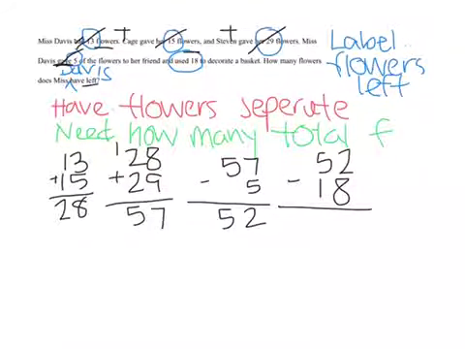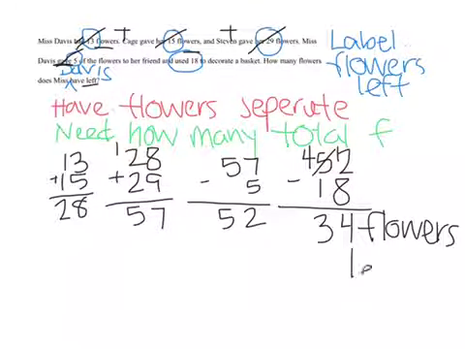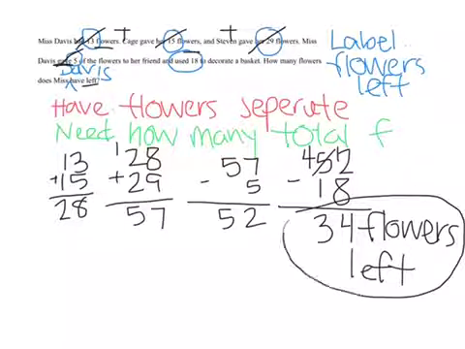I can't take 8 away from 2, so I have to go next door and borrow. 12 take away 8 is 4. 4 take away 1 is 3. Miss Davis had 34 flowers left. Circle your answer. If you still are having questions, please come find me or ask your math partner for help.